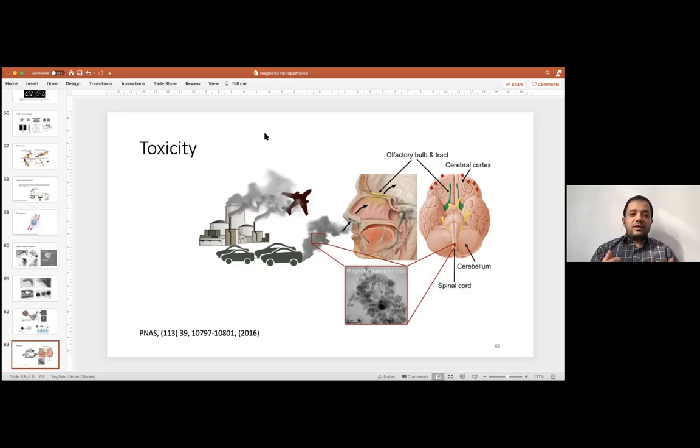So we see if the benefit of having magnetic nanoparticles to deliver something in the body or to work as a hyperthermic applicant outweighs the risks associated with them, is it worth it or not? That's something the physician can decide. But definitely there is toxicity to all sorts of materials that you inject into a body.